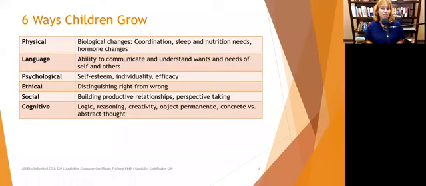And cognitively, this is your throwback to Piaget: logic, reasoning, creativity, object permanence, and concrete versus abstract thought. Now, why do you care about all these? Well, because the way we parent or interact with a child, or the interventions that we use, are all going to be impacted by that child's developmental age in each one of these areas.